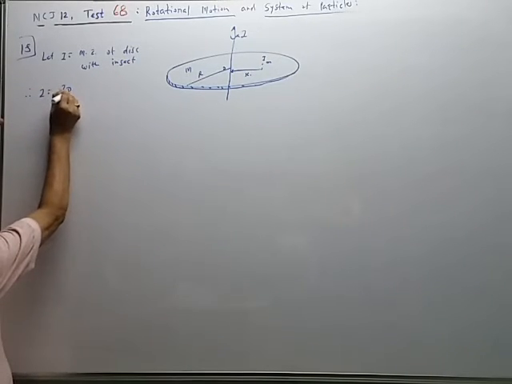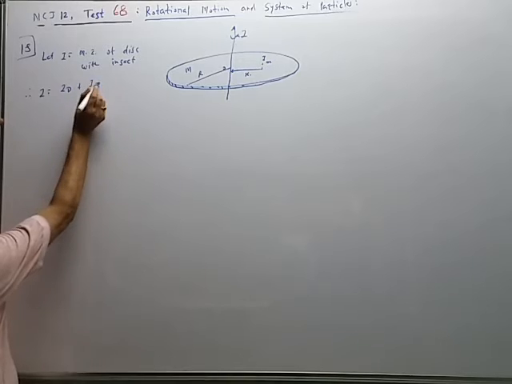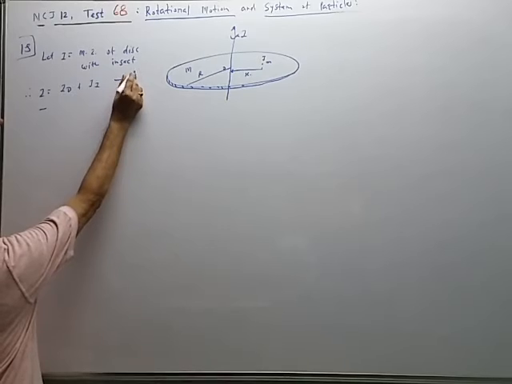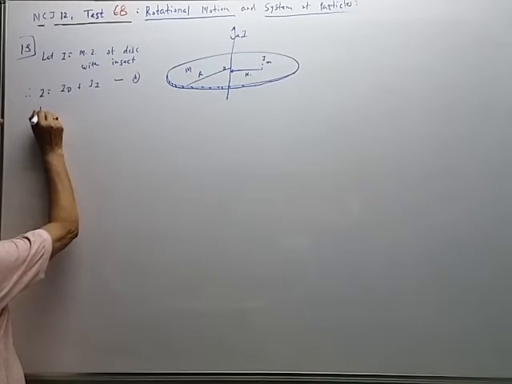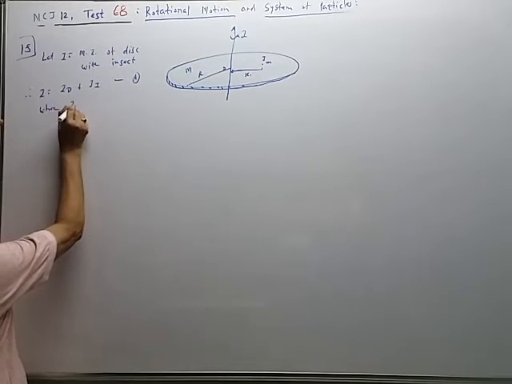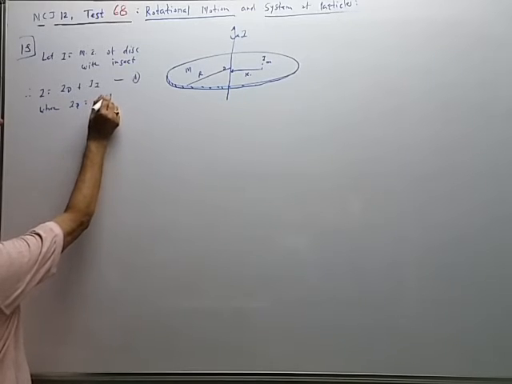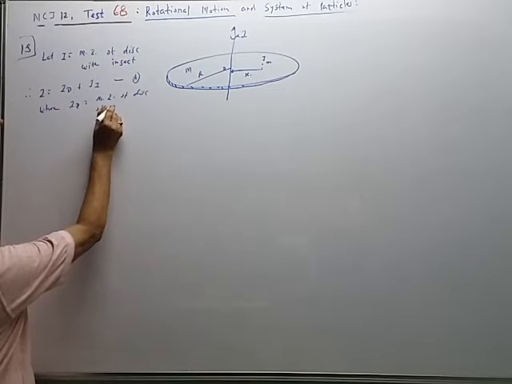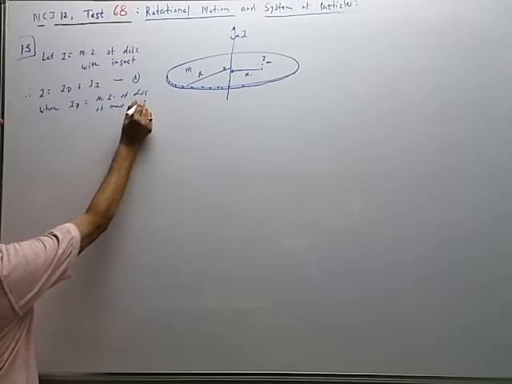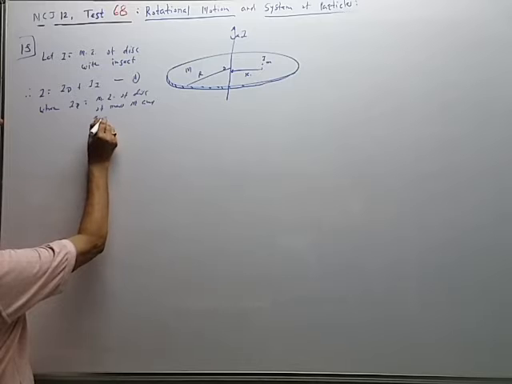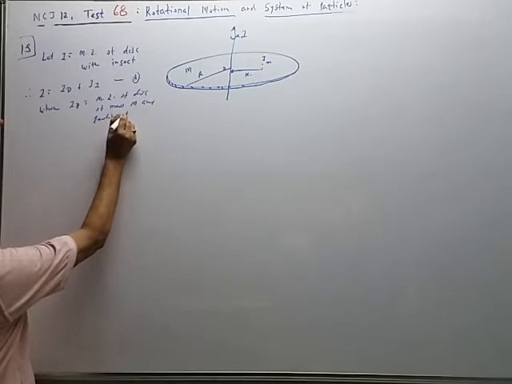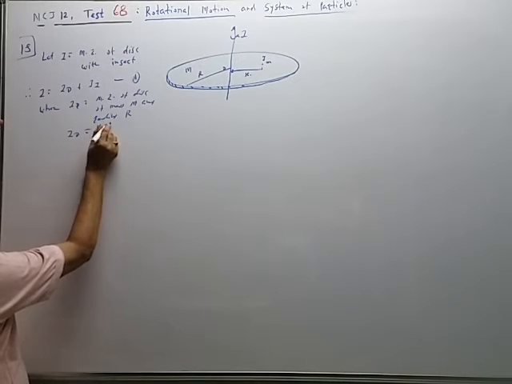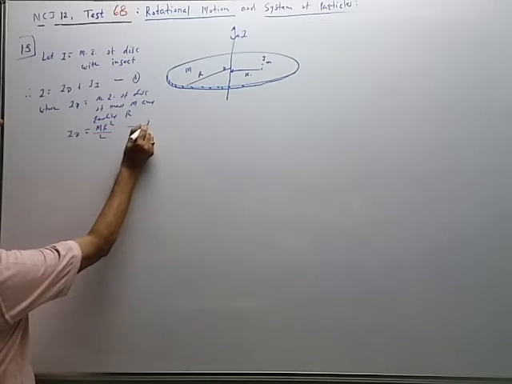Therefore I is equal to I_d plus I_i. Where I_d is equal to moment of inertia of the disc of mass capital M and radius capital R. Therefore I_d is equal to MR square by 2. This is equation 1.